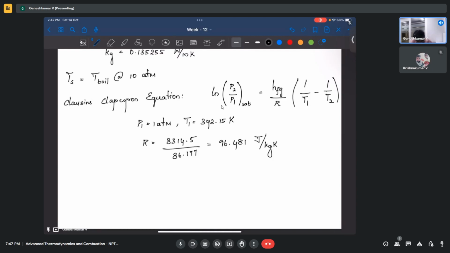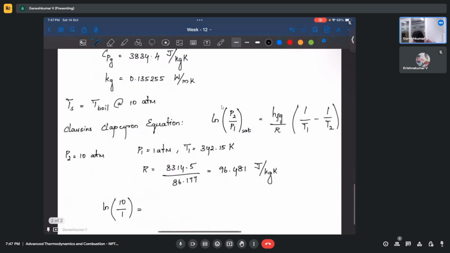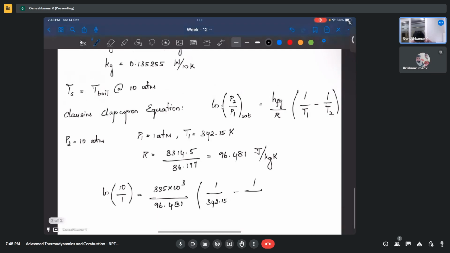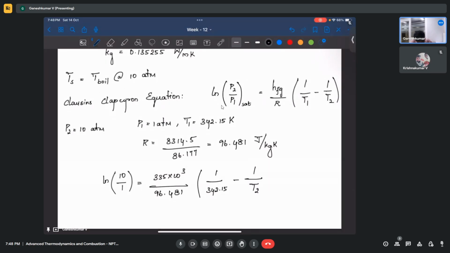Now let's substitute all the variables we know. Ln of 10 by 1, where P2 is 10 atmosphere, is equal to HFG, 335 times 10 to the power 3, divided by 96.481, times 1 divided by T1, which is 342.15, minus 1 divided by T2, which is what we need to find, nothing but TS.